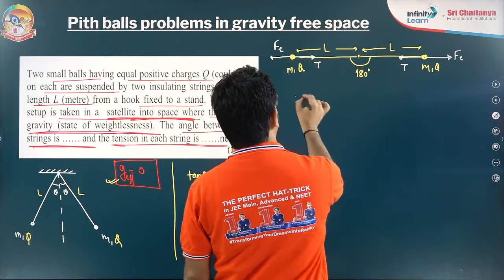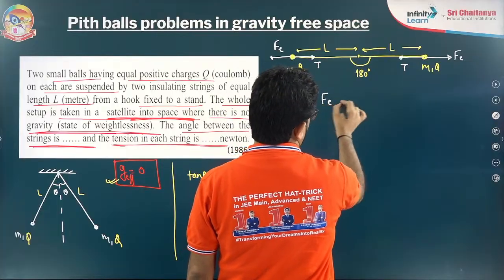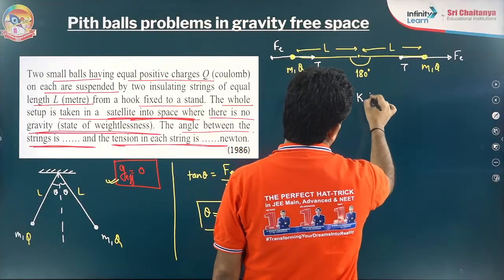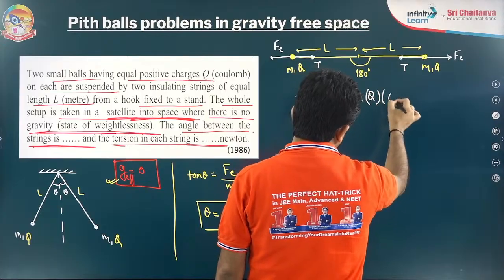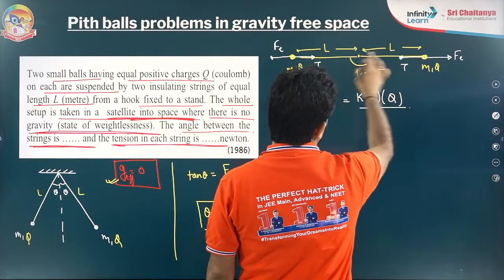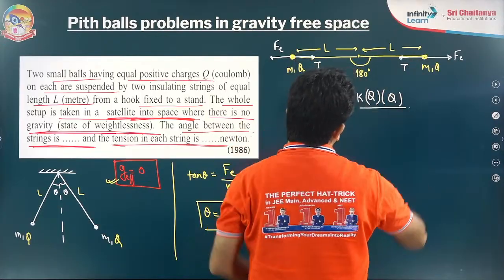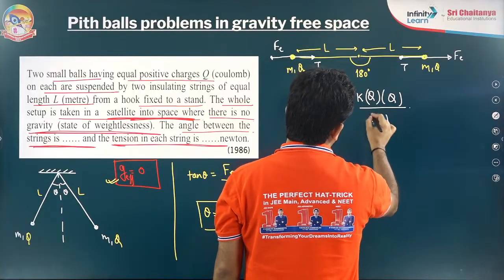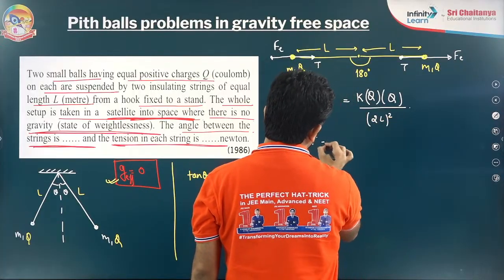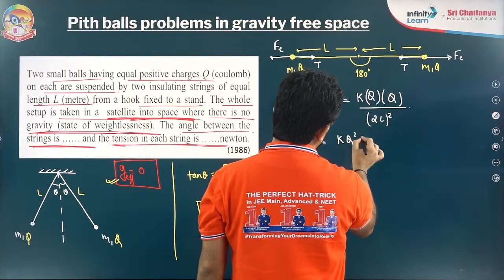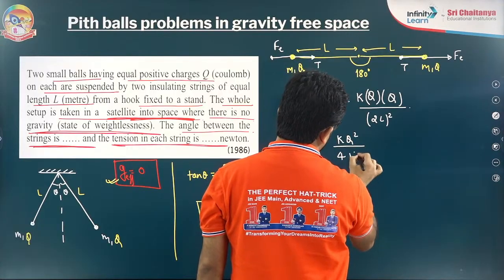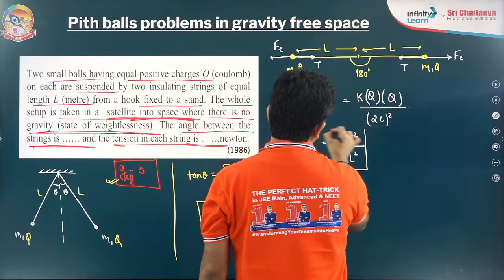Directly you will say, sir, tension is equal to Fe. What is Fe? That is equal to K capital Q into capital Q divided by the total length, here to here. That separation is equal to 2L, so this is 2L whole square. So tension is equal to K capital Q square divided by 4L square. That is the answer. This is the tension.